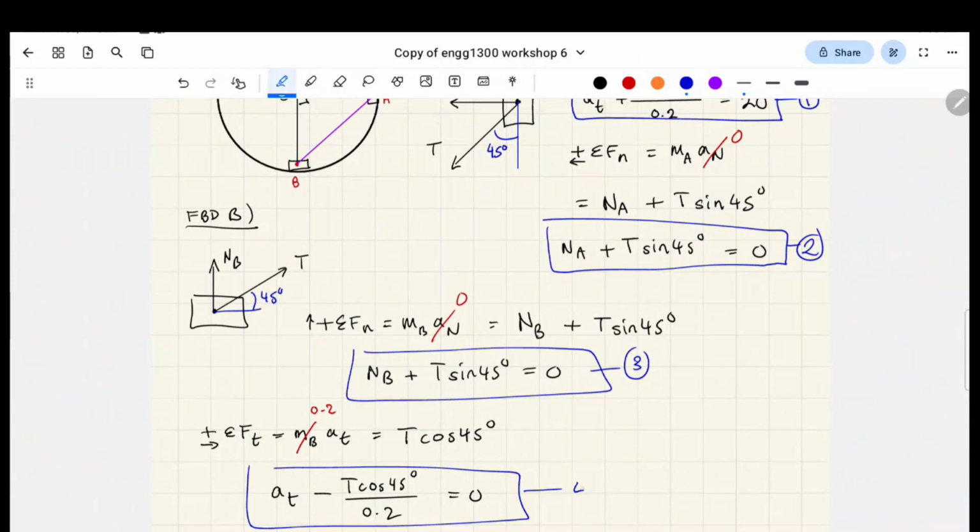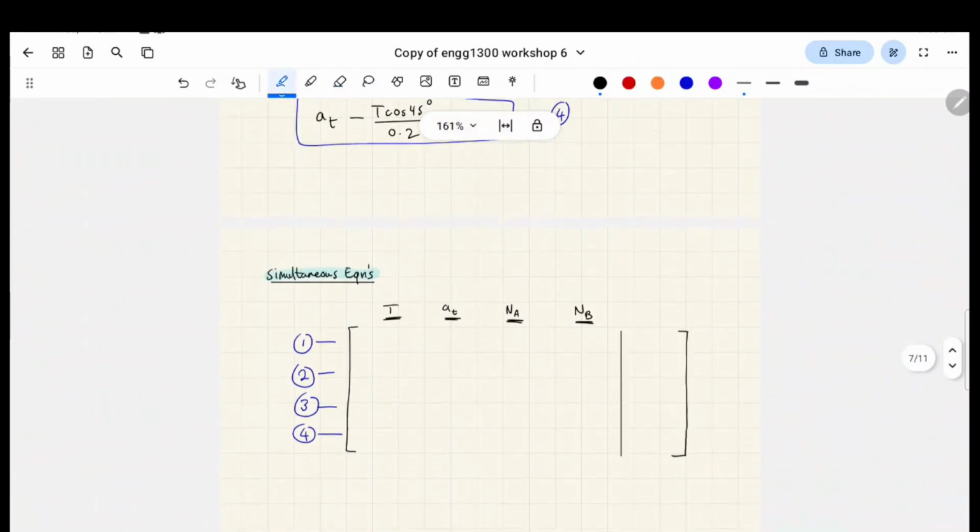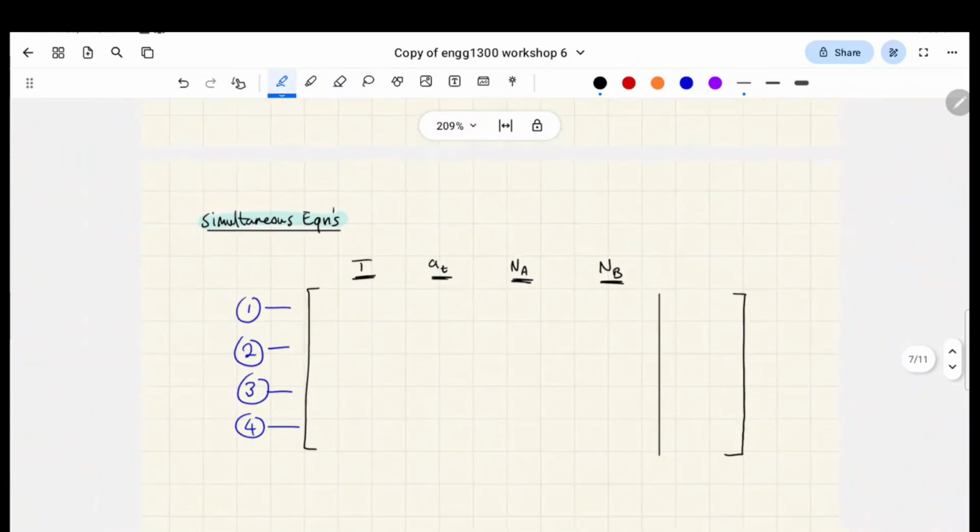Now we have four equations which we're going to set up simultaneously, and you might be able to notice which method I'm going to use because of how I set this up. I'm going to use a matrix. This is a 4-row by 5-column matrix, and each row is equivalent to one of our equations.